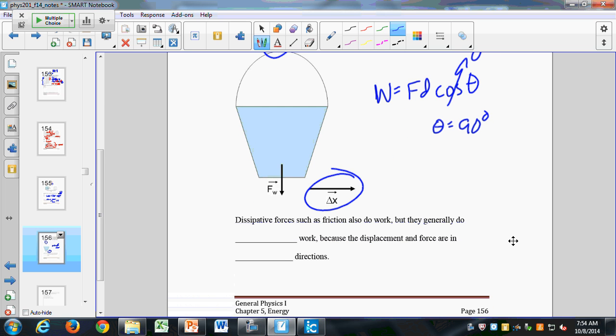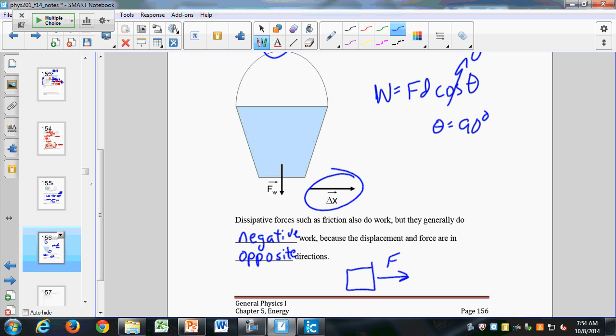Sometimes we'll have dissipative forces that will also do work, like friction, for example, but they generally do negative work because the displacement and the force are in opposite directions. So let's say that I have an object and it has a couple forces acting on it.